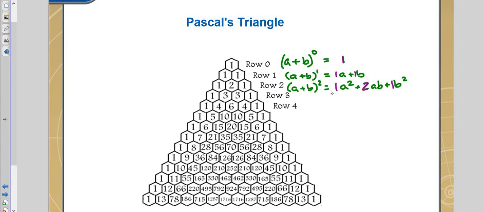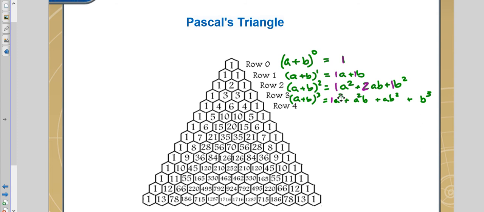These values represent these values here, and so this would tell us that if we did another power, (a + b) to the third power, and you multiplied all that out, you would end up having 1 with your a cubed, and then you would have an a squared b term, then an ab squared term, and then a b cubed term.